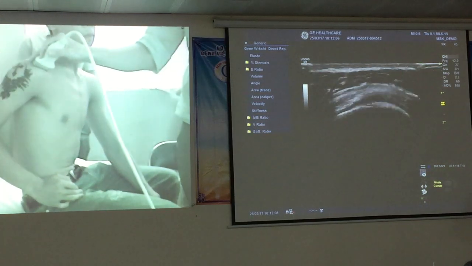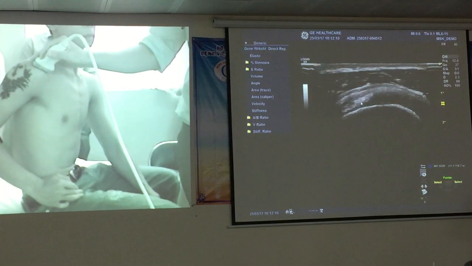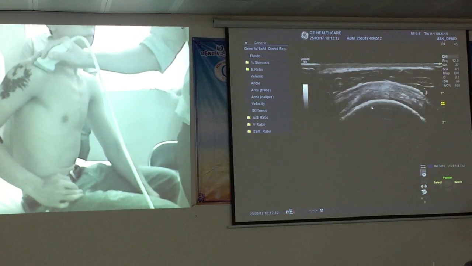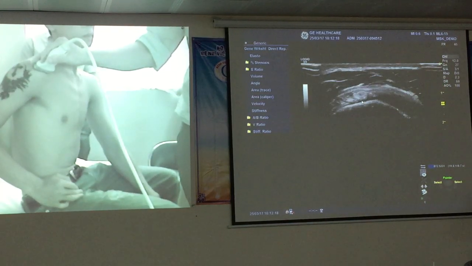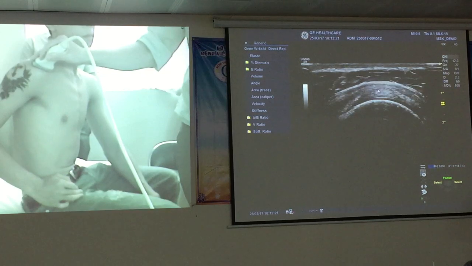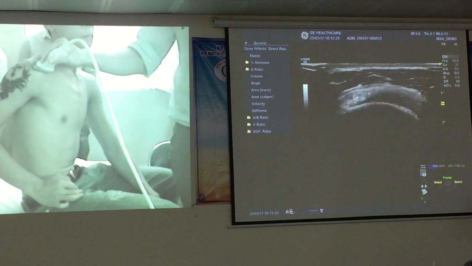From here you can see a slightly different direction of fibers coming in onto the greater tuberosity. So this is the posterior supraspinatus tendon, and this is the infraspinatus tendon junction.